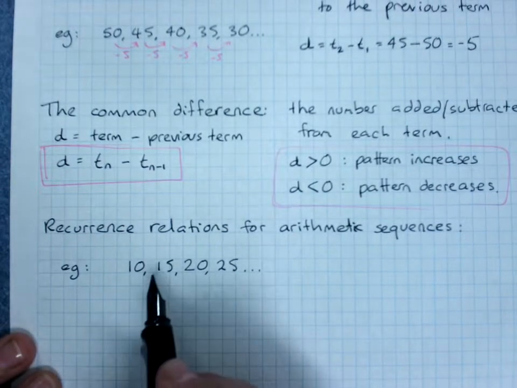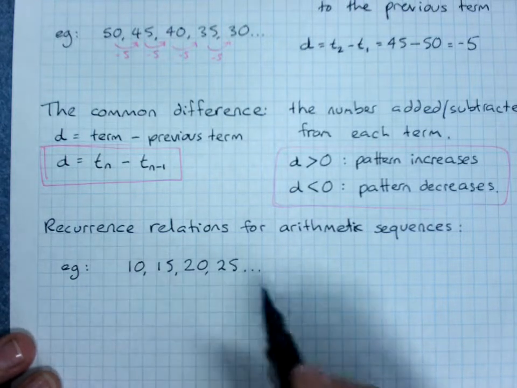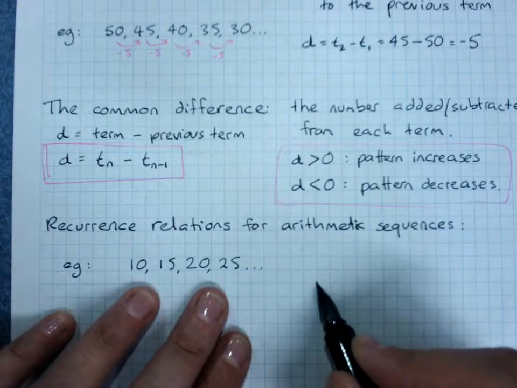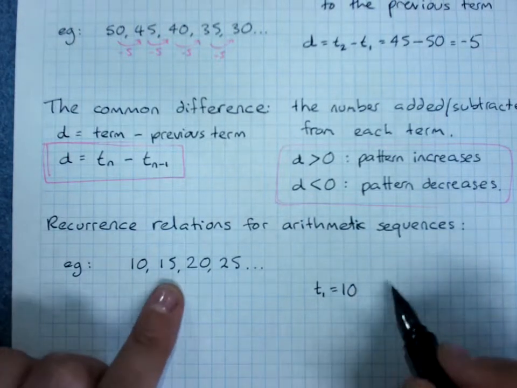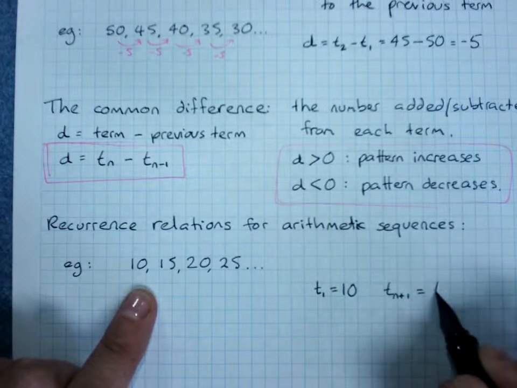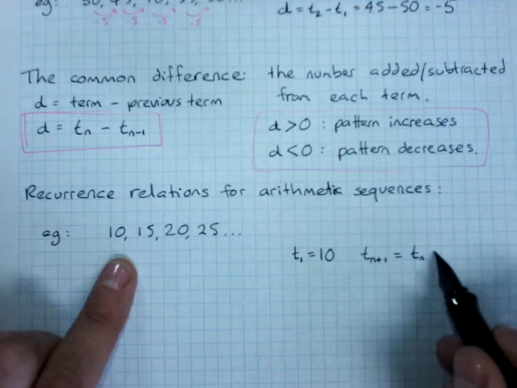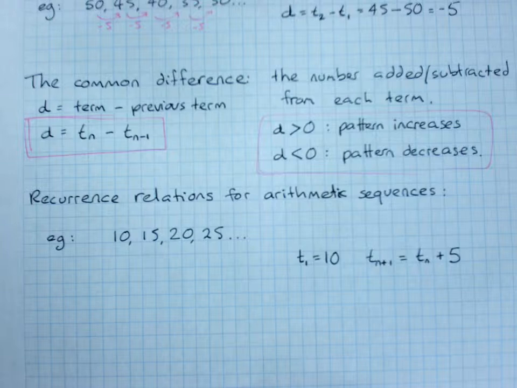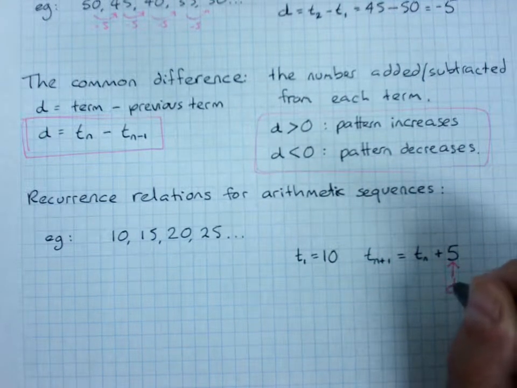And when we write a recurrence relationship for this, we would write T1, the starting term is 10, and to get Tn plus 1 from Tn, so from any term to get the next term along, we would add 5. Now you can pretty clearly see that 5 is our common difference.